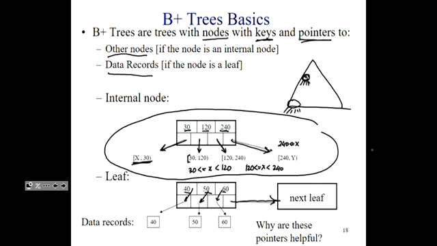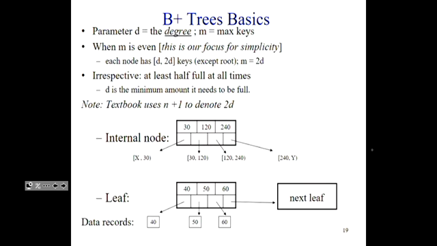Okay, so let's get into the issue of degrees. You have this parameter called d, which is the degree. D is the minimum amount that any node needs to be filled throughout your B tree. Okay, it needs to be D or above at all times.